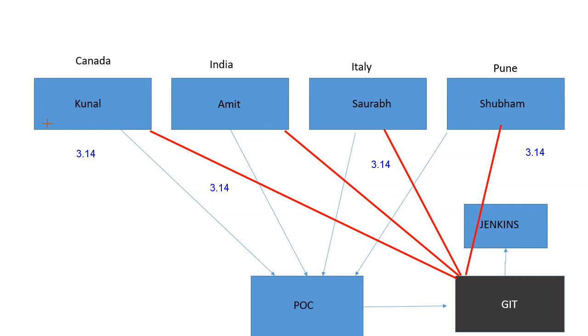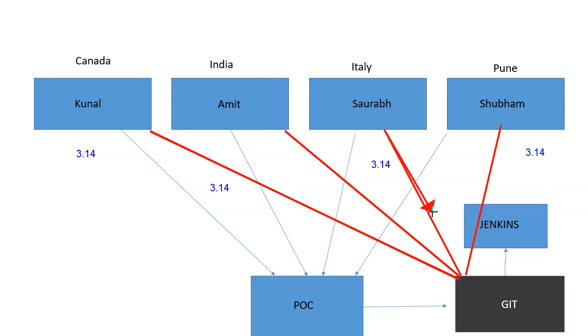Okay, so all of these team members have worked on the feature and now it's time to push their code. So what will happen? They have worked on the feature and now they are pushing back the code. So he will just push this code from his machine to git again. Okay, Amit will also push the code back to git.